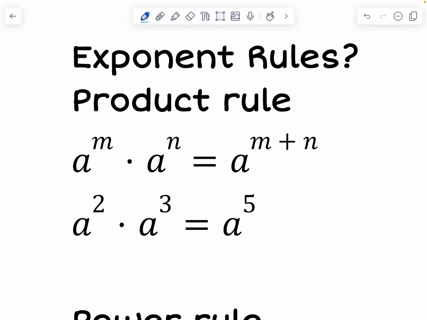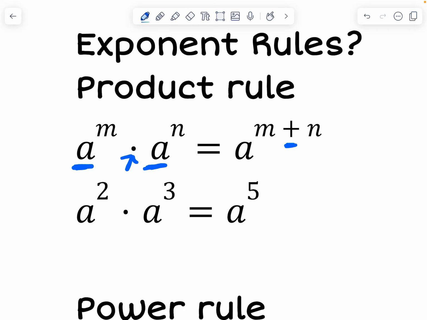I look at this. Do you notice how the bases are exactly the same and there's multiplication in between them? If that happens, all we do is we add the exponents. Now, some of you may be going, how do you know you do that? Well, you can always write it out. So a squared is the same thing as a times a.